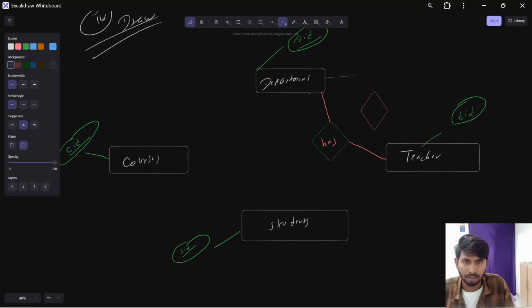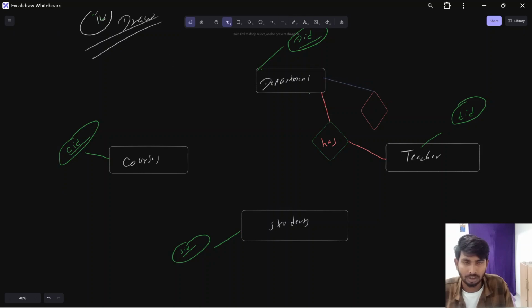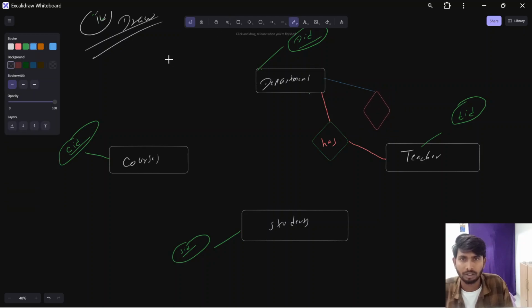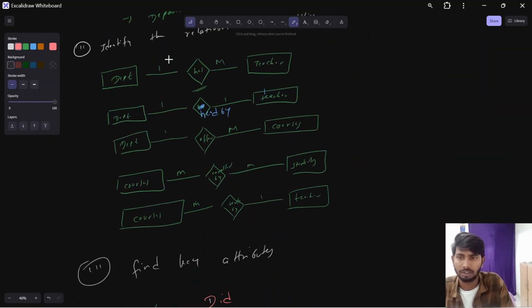Okay, head by here. One department is headed by one teacher, and one department has many teachers. This is the relationship between them.